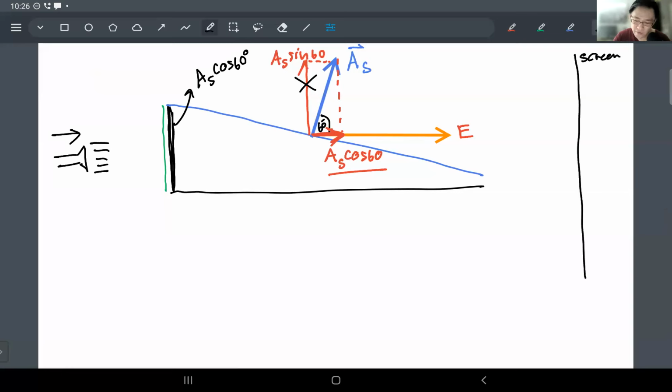Yeah, of course. My shadow is going to be exactly this height. You guys with me here? Yes? And that's what it is. This is A sub S cosine 60, guys.